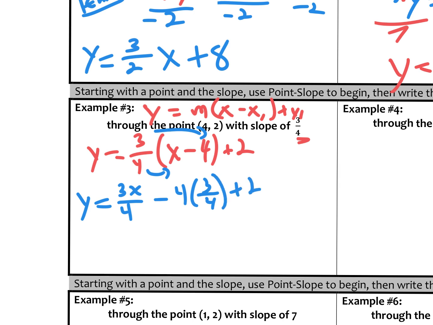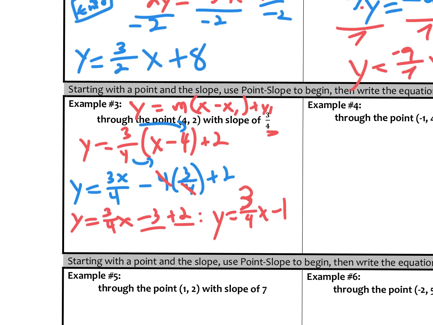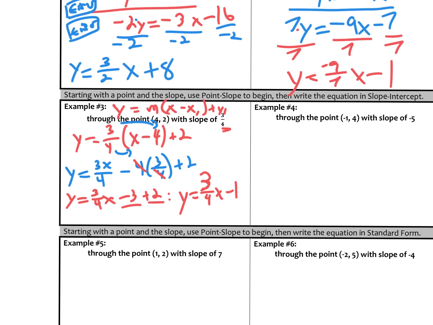Now when I type the negative 3 over 4 times 4, those cross out, and so that's 3 over 4x minus 3, add 2. Combining those, I would get y equals 3 over 4x minus 1. So see how we changed it from one form to the other rather smoothly using our solving knowledge that we've been going through for a while now.